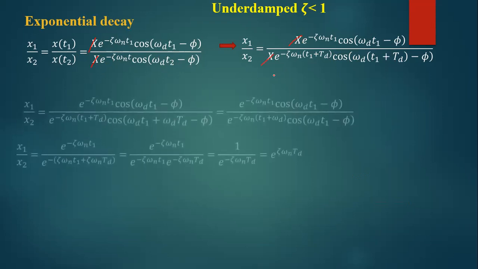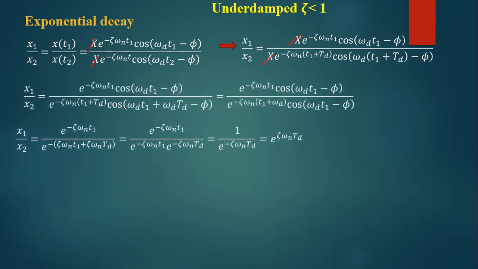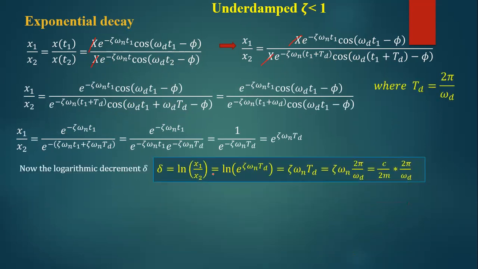Some rearrangements are required here. Finally, we get x1 over x2 equal to e^(-zeta omega_n t1) over e^(-zeta omega_n t1 + zeta omega_n T_d). Going further, we will finally get e^(zeta omega_n T_d).